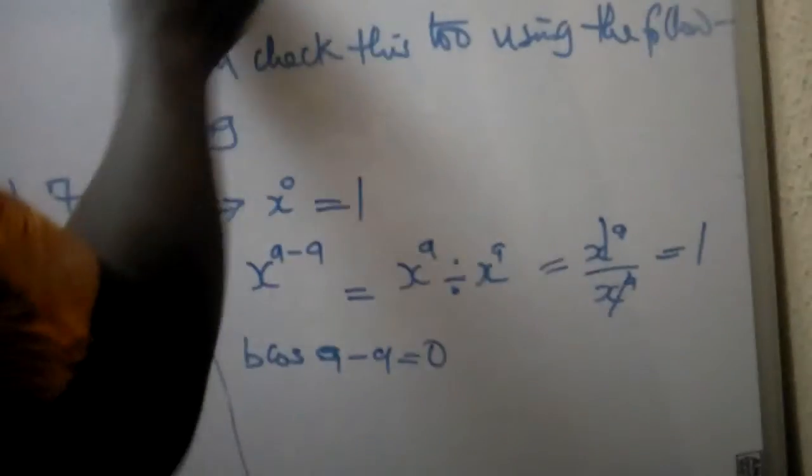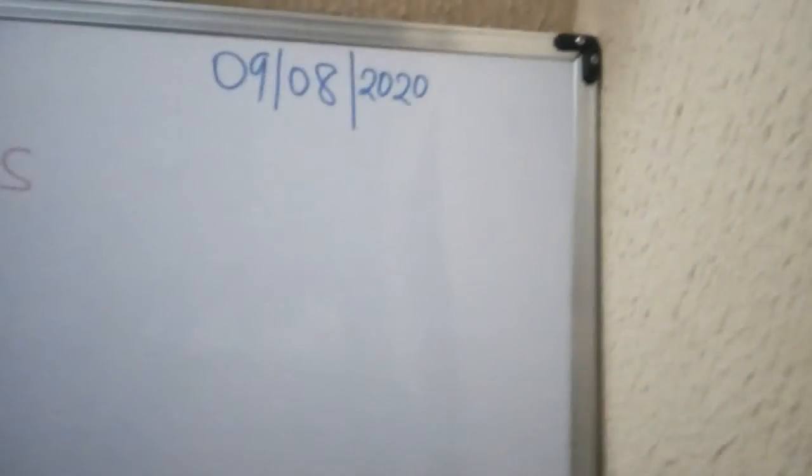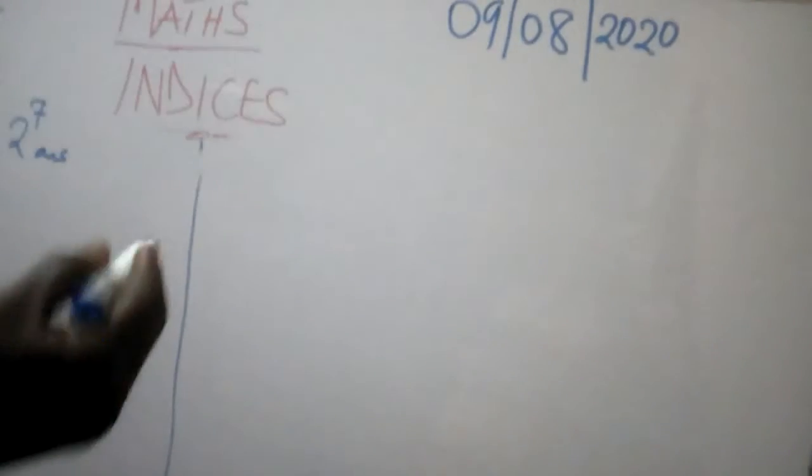Then let's go further to look at the other laws of indices. The other law of indices states that if a number is raised to the power of 0 it is equal to 1, which is the third law.